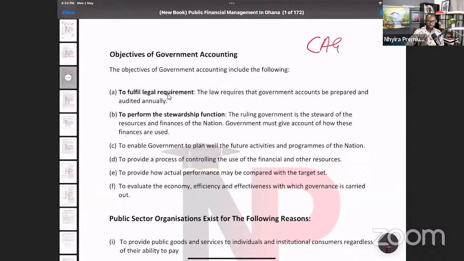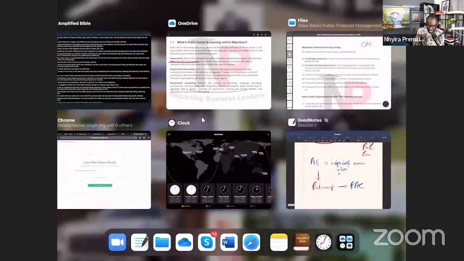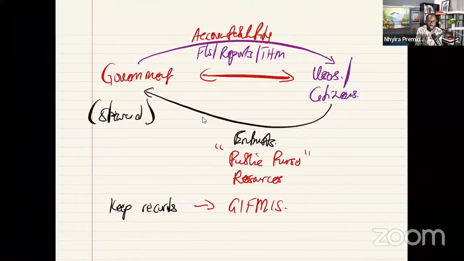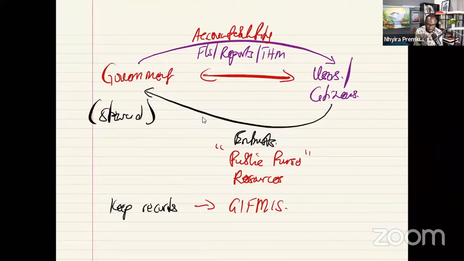Okay, thank you. So to perform the stewardship function, like I told you earlier, the ruling government is entrusted with the resources the public pays. So at the end of the day, they must show accountability. If you remember the diagram we drew about accountability here, they show their accountability through the preparation of what? Financial statements and reports.